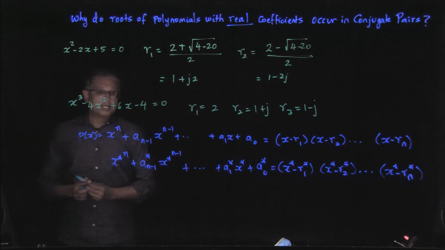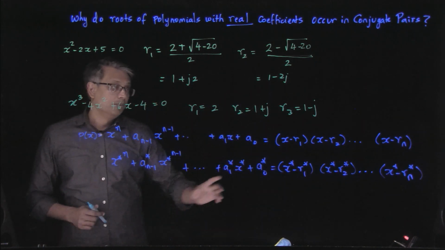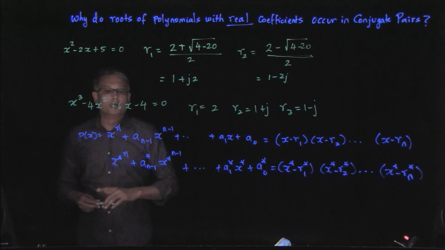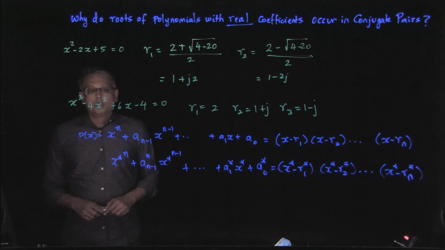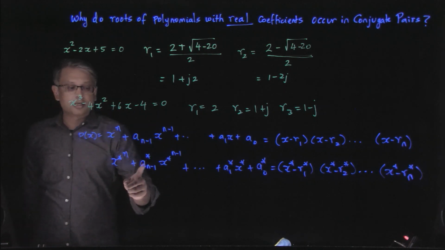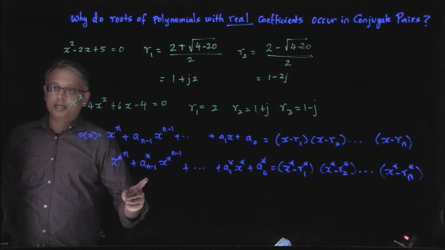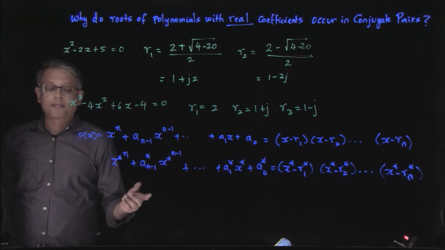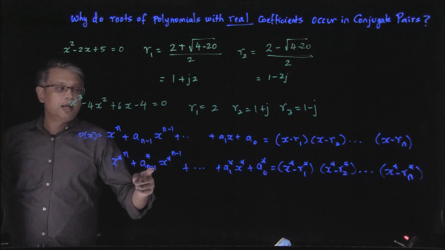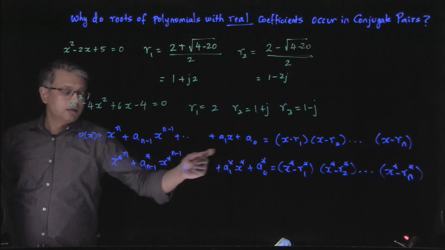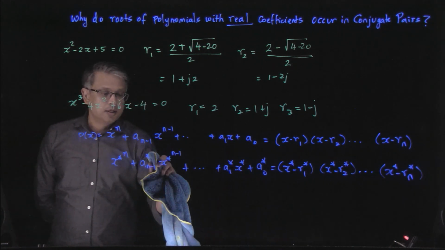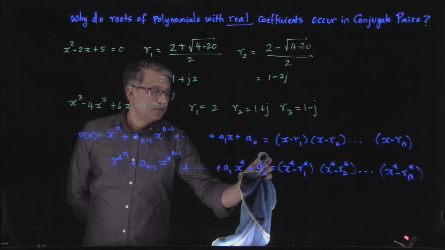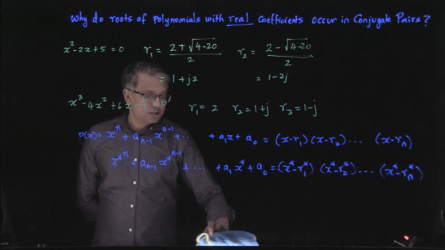Now what we know is that these a's are real. We don't know anything about these roots, r1 through rn, but we know that the a's are real. So what does it mean to take the conjugate of something that's real? If I take the conjugate of a real number, I get the same real number again. So the conjugate of all these coefficients is the same as the coefficients themselves, so I can remove the conjugate from these coefficients.